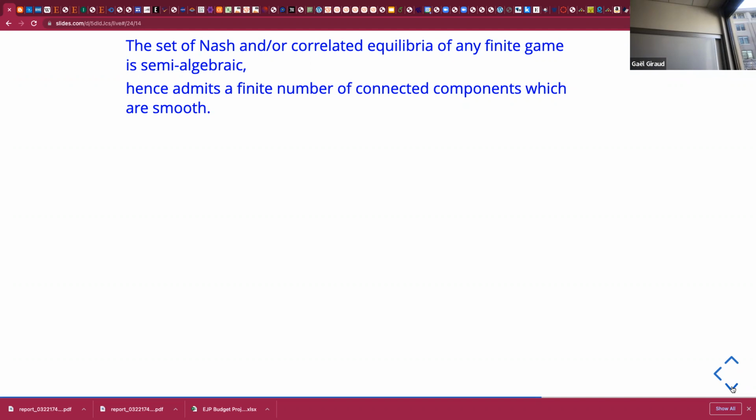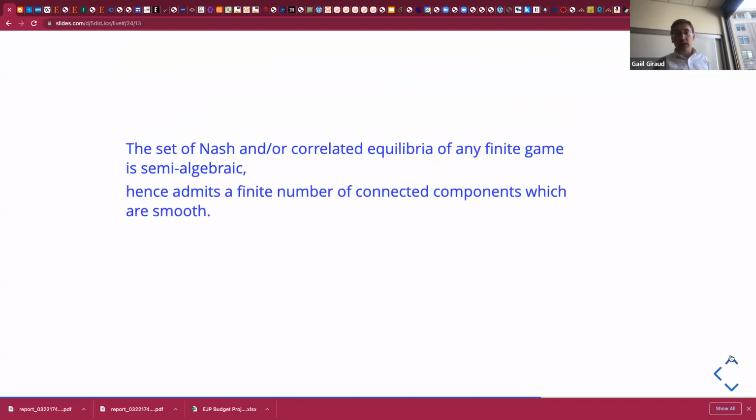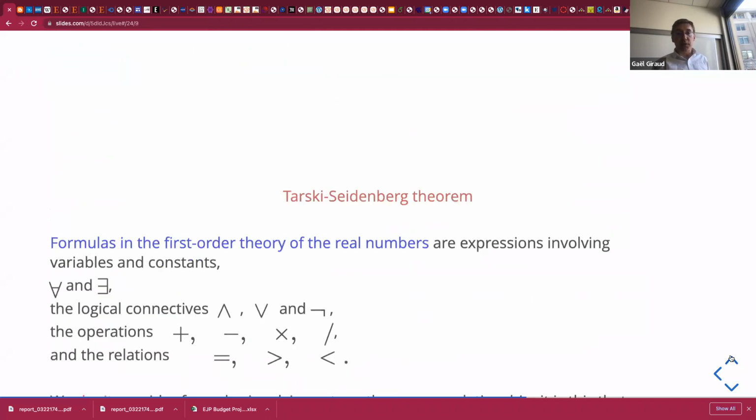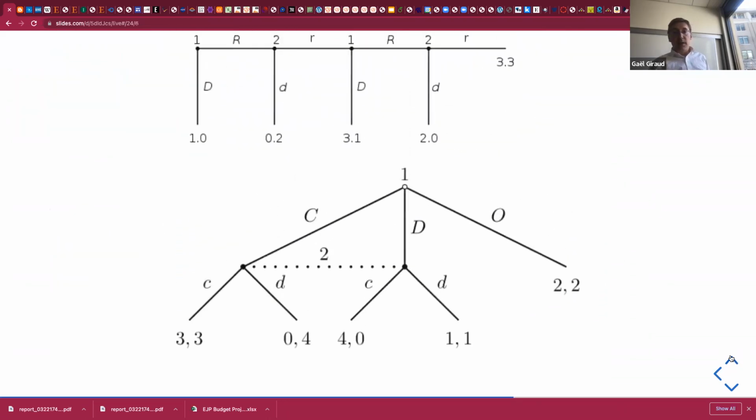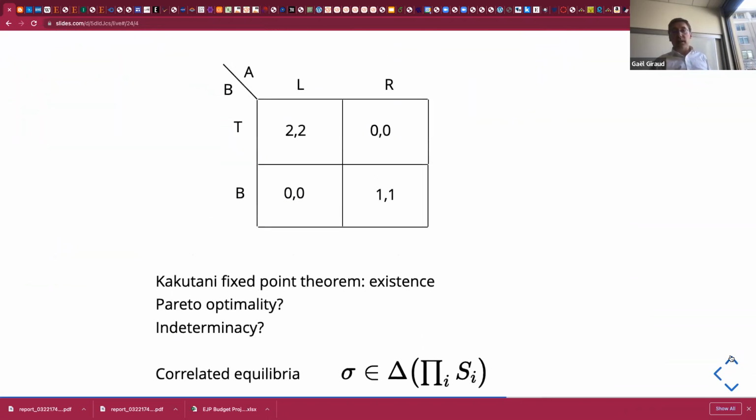So they knew, for instance, that the set of Nash equilibria has a finite number of connected components, like the one that we saw here. Remember this very simple example. Here, obviously, you have 2, 2, you have 1, 1, and if you look at correlated equilibria, you have just the convex interval linking the two. That's the connected component. Very easy.